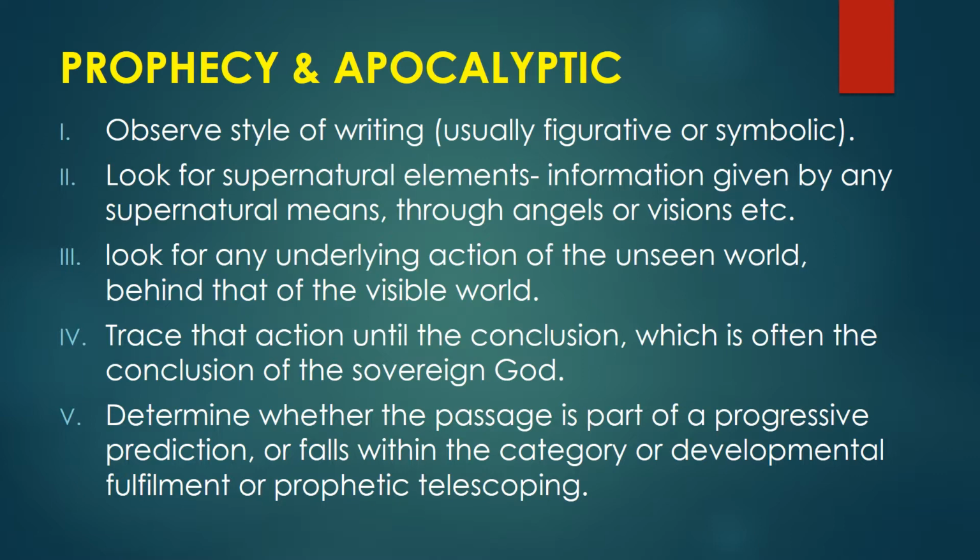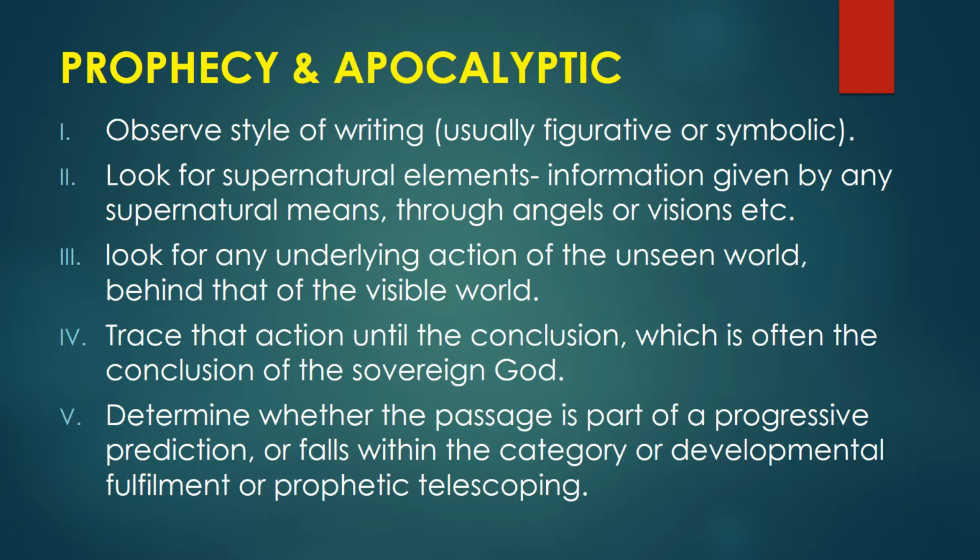The next thing you want to do is look for supernatural elements. Any information or message given through any supernatural means, whether it be through angels or in a vision, would help you to understand the meaning. You also want to look for any underlying action of the unseen world behind that of the visible world.